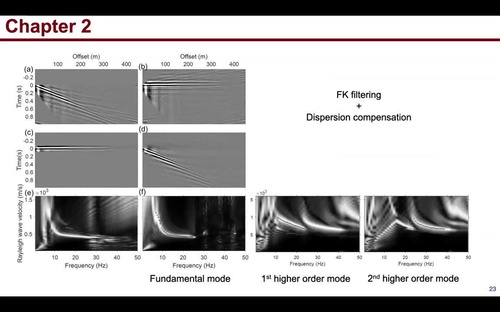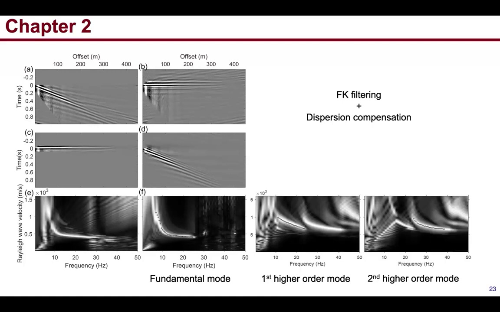Another important thing for real data processing is the dispersion curve picking. If we want an accurate inversion, we need to pick the dispersion curves very cautiously and accurately. So here, to make our dispersion curve picking more accurate, we combine the method of FK filtering with dispersion compensation. Dispersion compensation is not a mysterious thing.